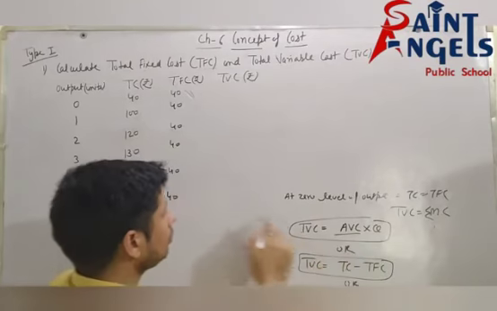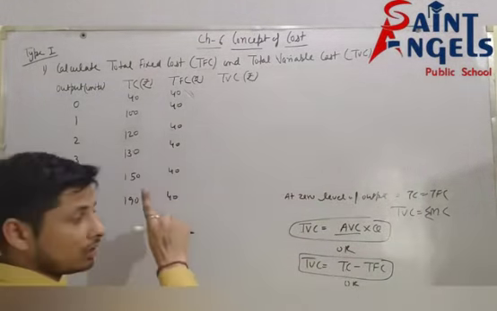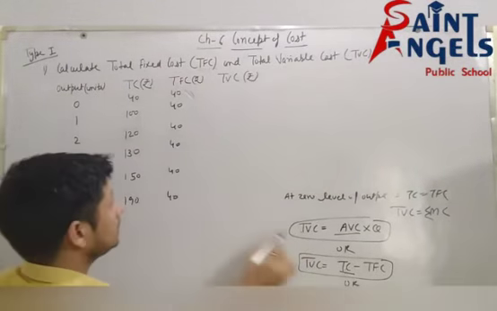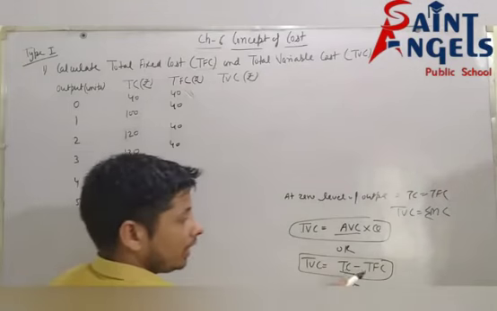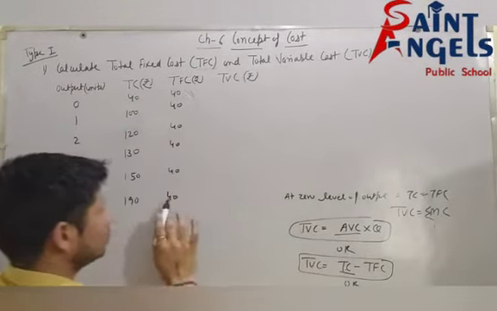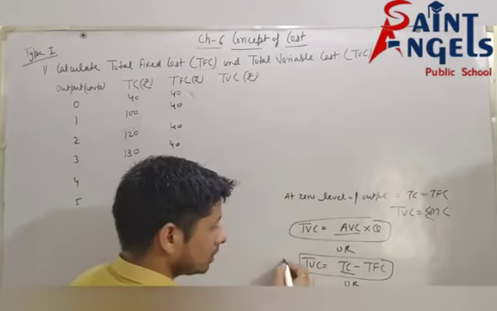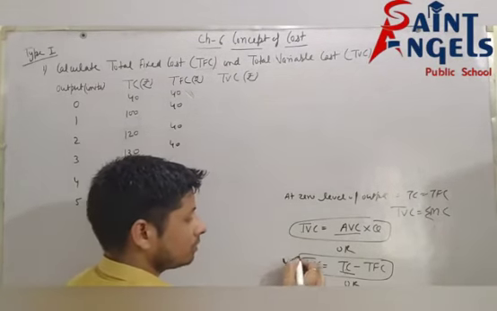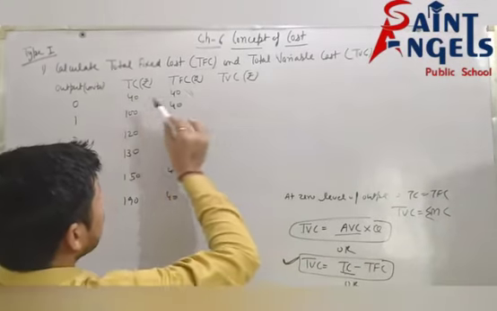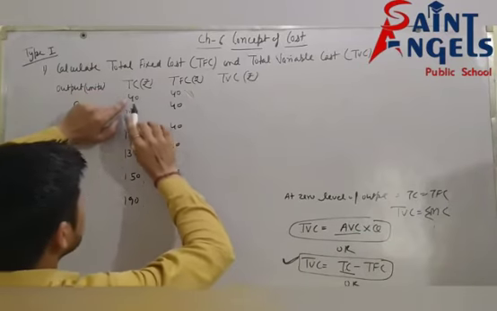ABC is not given in this question, MC is not given here, but TC is given here and TFC is also here. So we will use this formula: TVC is equal to TC minus TFC.